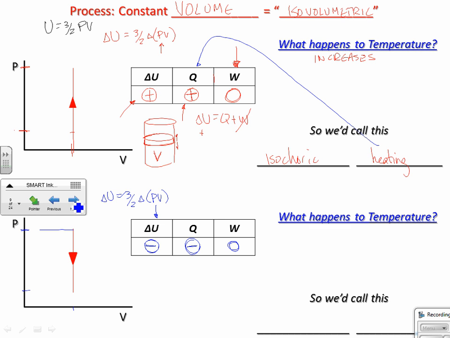What happens to temperature? Well, it decreases, because delta U is negative. I'd call this an isochoric cooling.